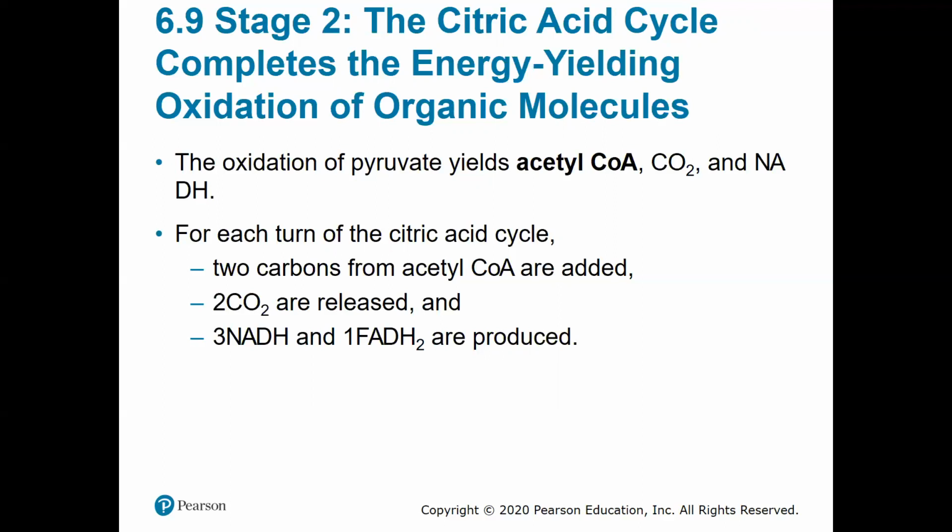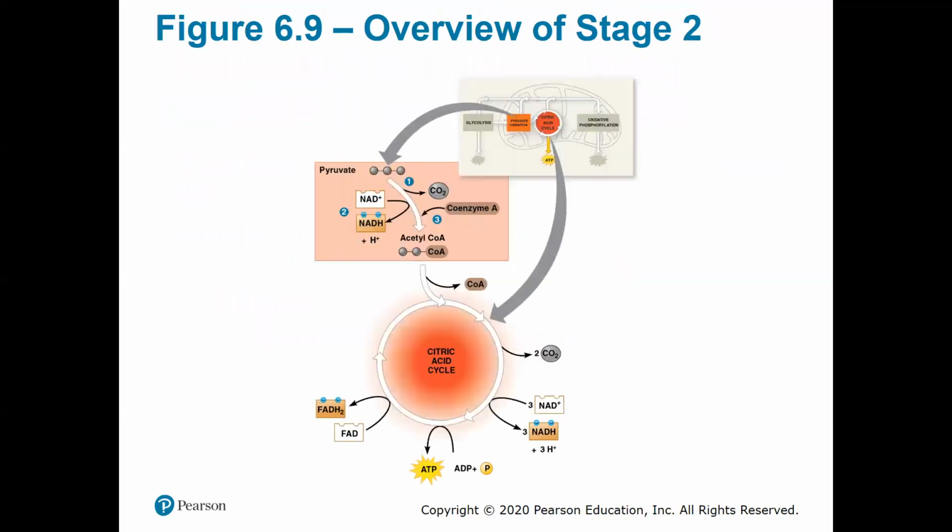For each turn of the citric acid cycle, 2 carbons from acetyl-CoA are added, 2 CO2 molecules are released as waste products, and 3 NADH and 1 FADH2 molecules are produced as energy carriers to be used later in the electron transport chain. So here is just an overview of the first is pyruvate oxidation, and then there is the citric acid cycle.